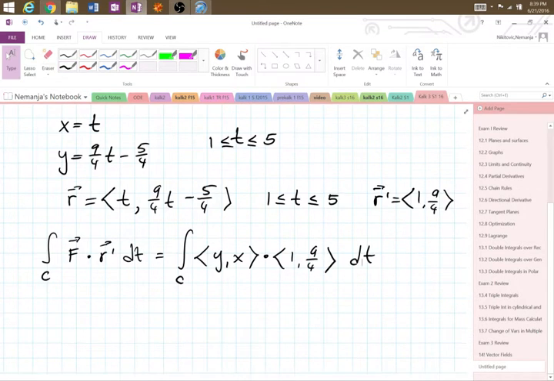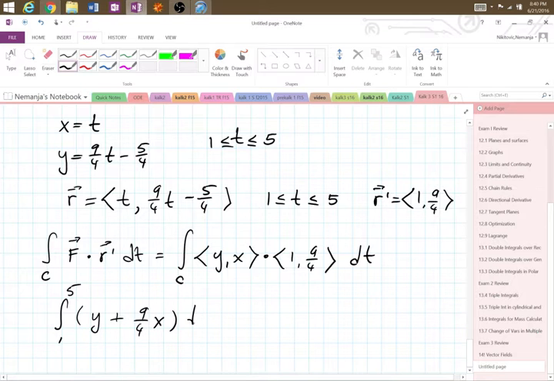The integral goes from 1 to 5, and now I have the dot product here. The dot product is y times 1 plus 9 quarters x dt, but remember that we actually have x and y to plug in.